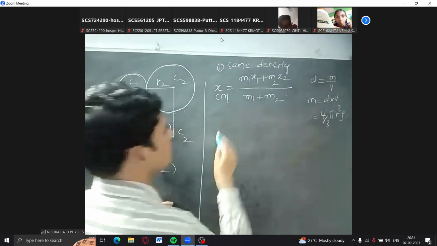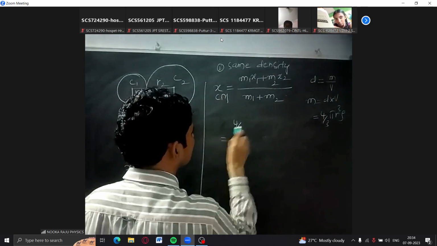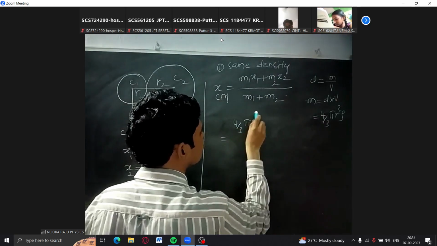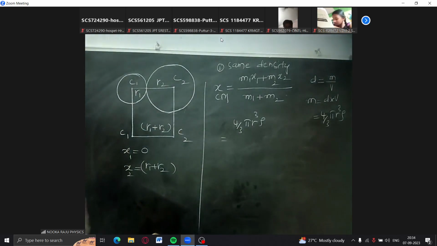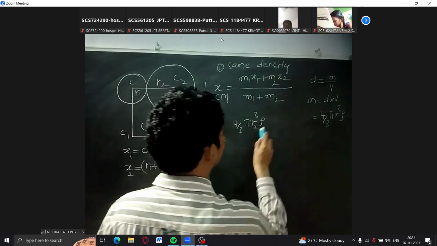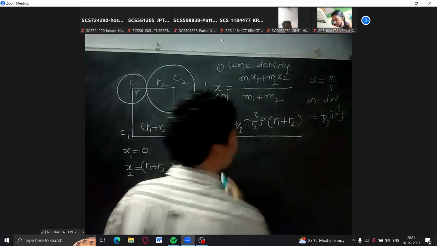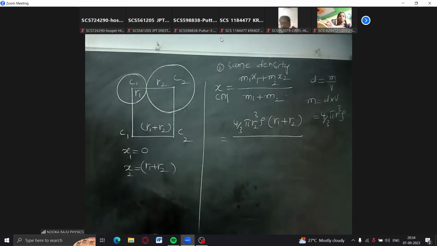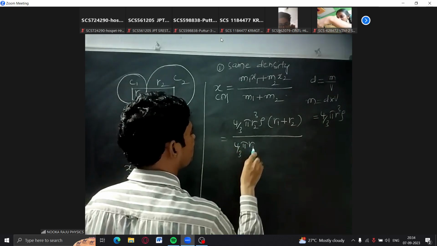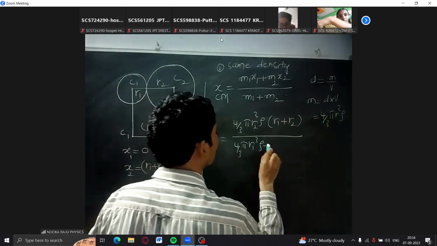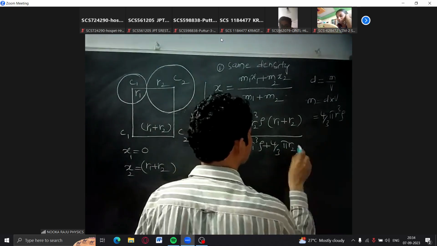So directly I can substitute here. The first term becomes 0. For the second, I write 4/3 pi r2 cube into rho into (r1 plus r2), divided by the remaining terms. Please be ready. The denominator is 4/3 pi r1 cube into rho plus 4/3 pi r2 cube into rho.